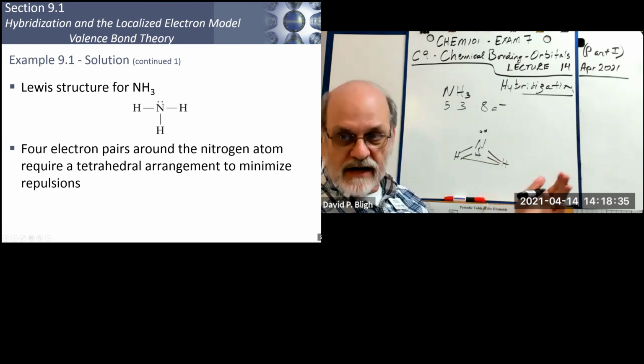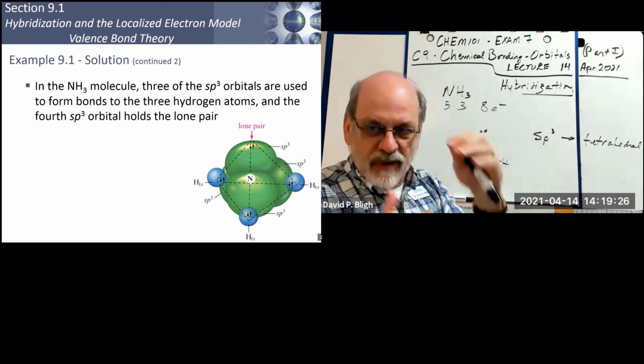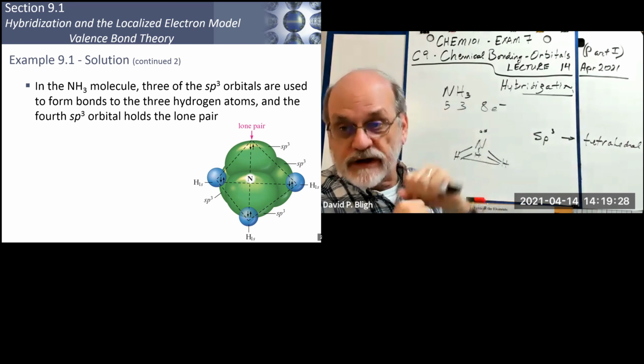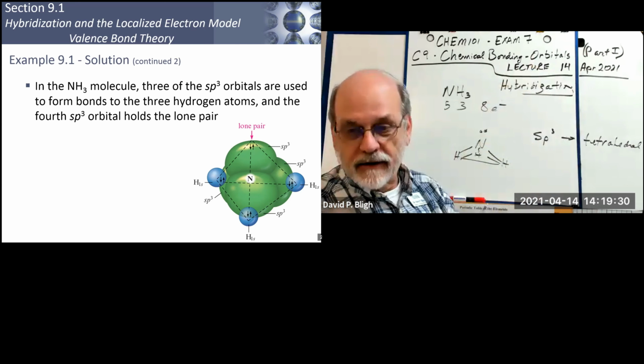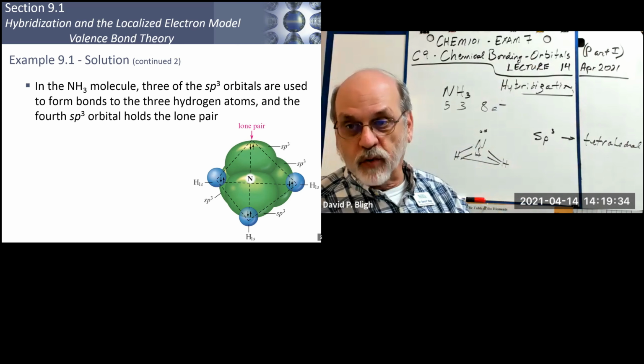So there's your lone pair, and the other 3 orbitals actually form bonds with the hydrogens. And this sp3 orbital with the lone pair in it is going to balloon some because it's not confined by bonding between 2 atoms. It can kind of spread out. That's why these orbitals here, they're going to be less than 109.5 degrees.